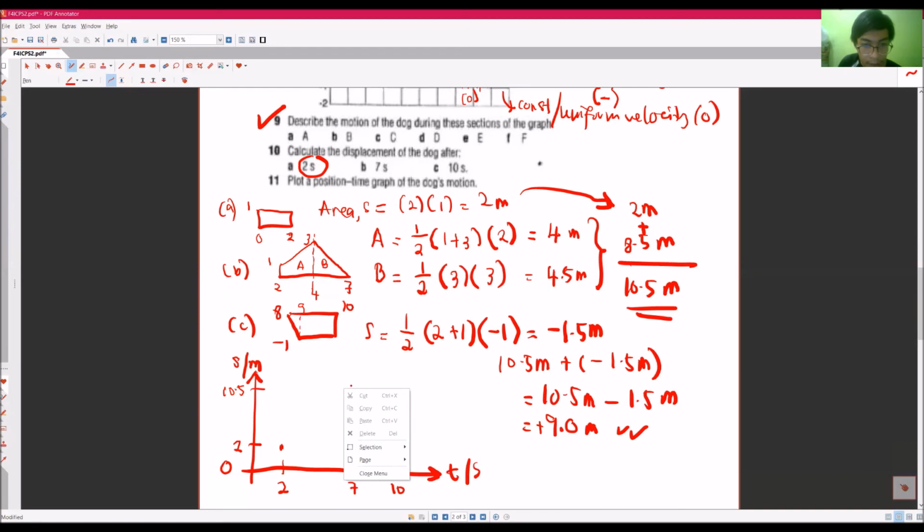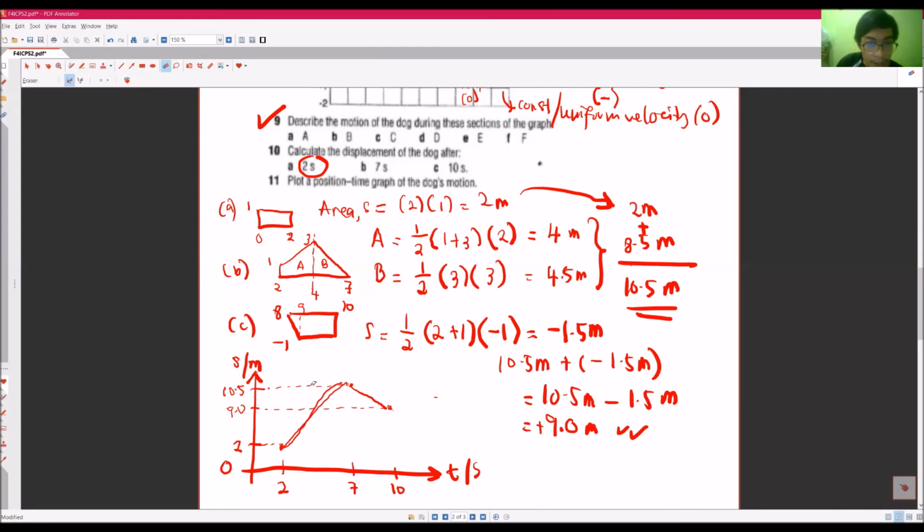Sorry. And then after 10 it becomes 9, a little bit lower, 9 here. So let's make it more visible. We can just continue the line.